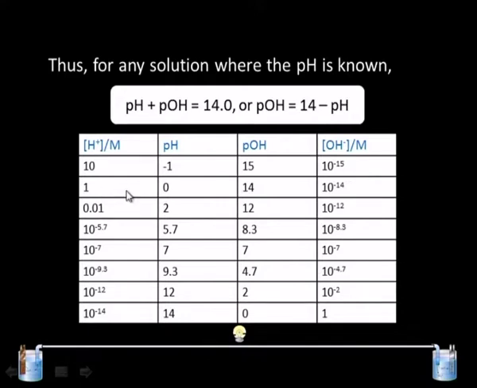Similarly, the different hydrogen ion concentrations provide us information about pH and pOH, from which we can calculate the value of OH-. In all the cases, you can see that the sum of pH and pOH is always 14.